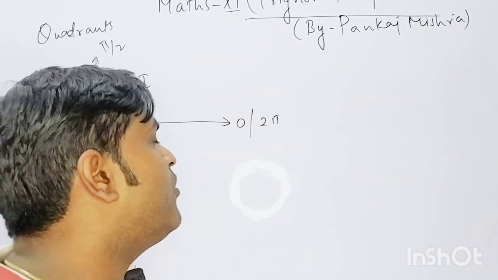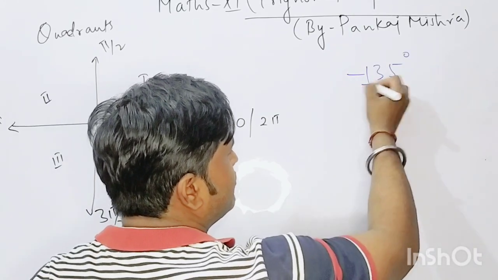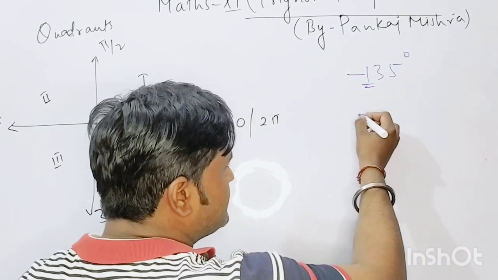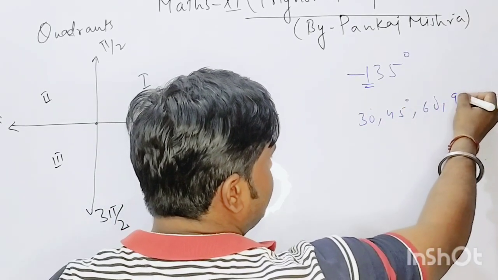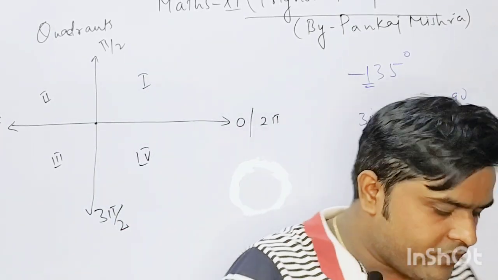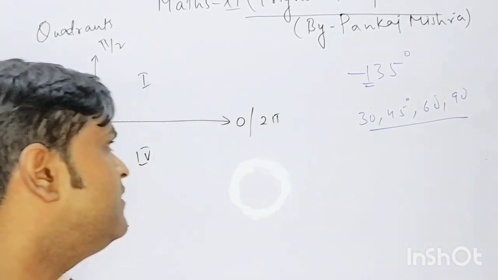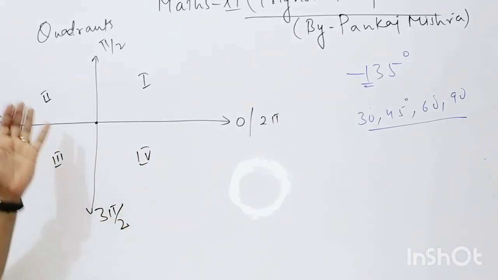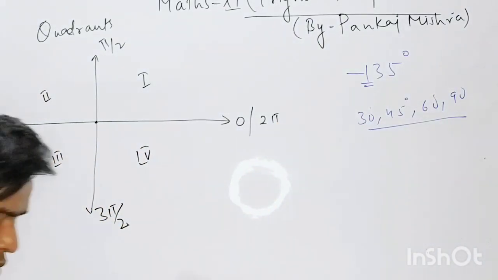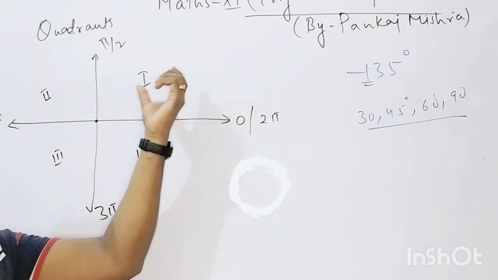Before plotting the angle, suppose I will be plotting minus 135 degree. We have studied till class 10, 30, 45, 60, 90. Now we will be discussing angles in clockwise direction as well as in anti-clockwise direction. Before starting the angles, first we will discuss the quadrants. The values will be distributed among four quadrants.